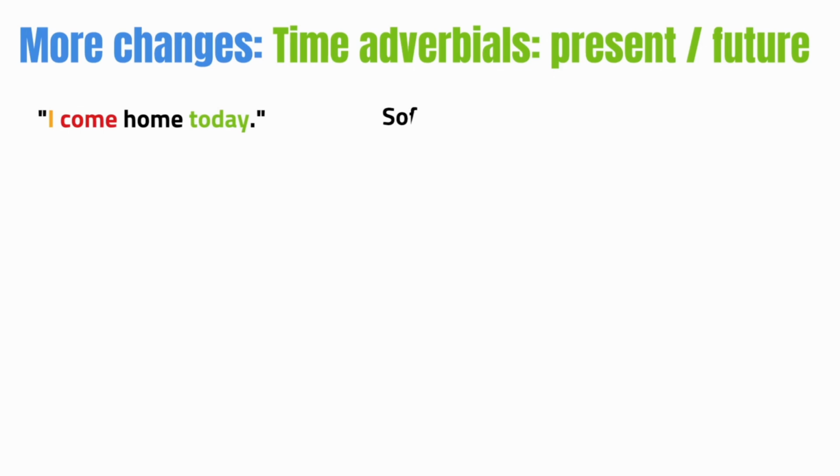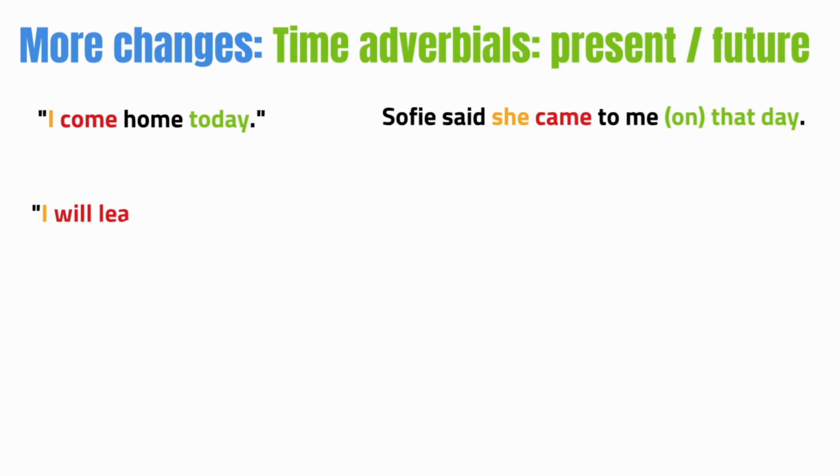We have to change the I, we have to change come, and we have to change today. Consequently, the sentence transforms into, for example, Sophie said she came home to me on that day. We don't use today. Today turns into on that day.